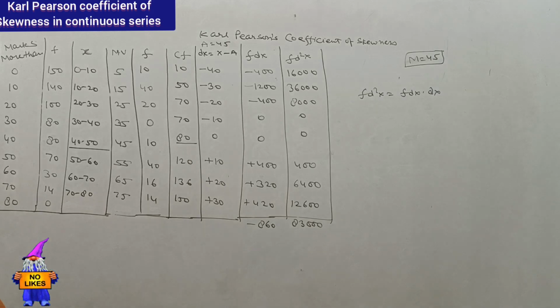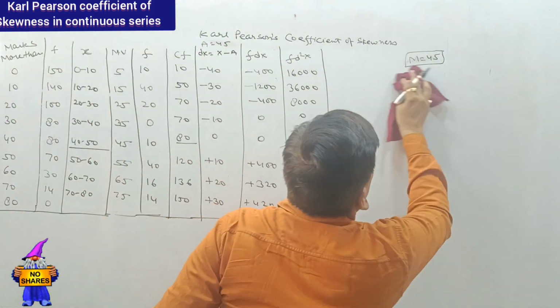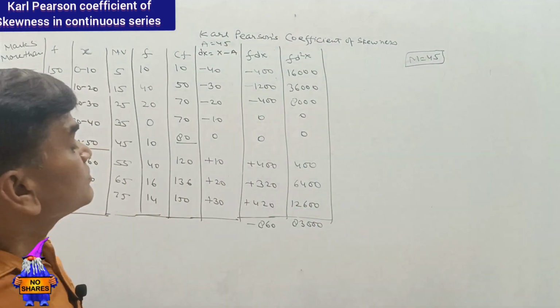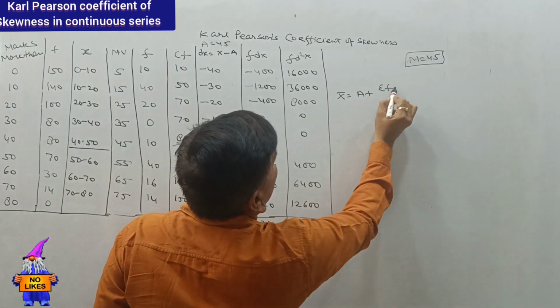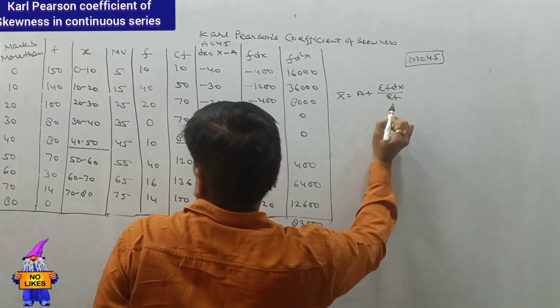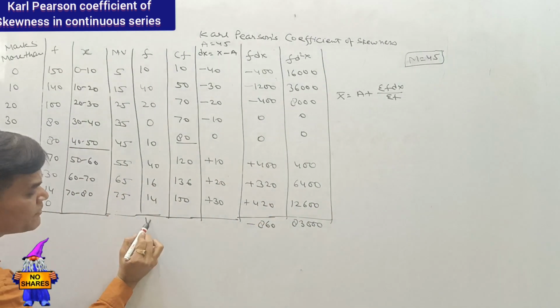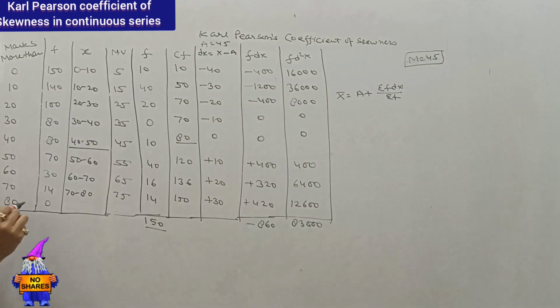So the very first we have calculated the value of median. Now x bar is equal to assumed mean plus sigma f dx upon sigma f. The addition of frequency is 150, already we have taken the total frequency as 150.